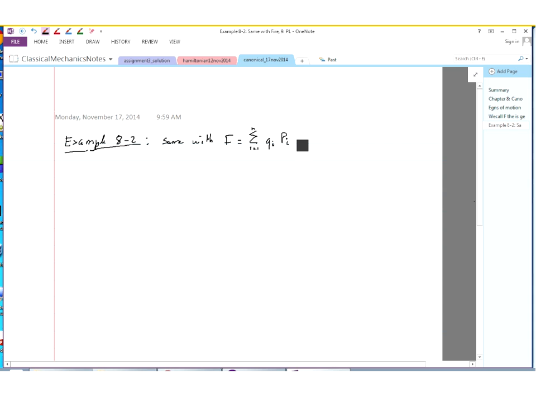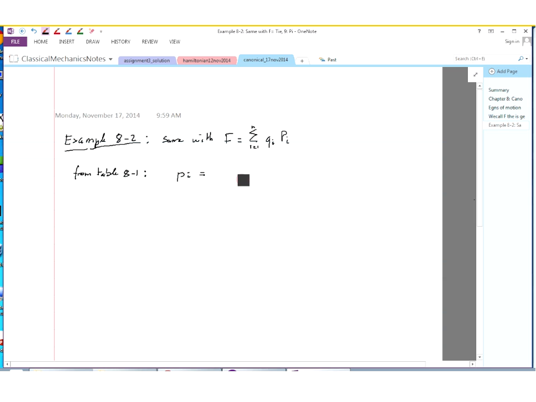So it mixes the little q's with the capital P's, and that's the transformation of the second kind. So if we look in our table 8.1, we find that the pi's, so now this gives us equations for the little pi's, those are equal to ∂f/∂qi. And so ∂f/∂qi is capital Pi.